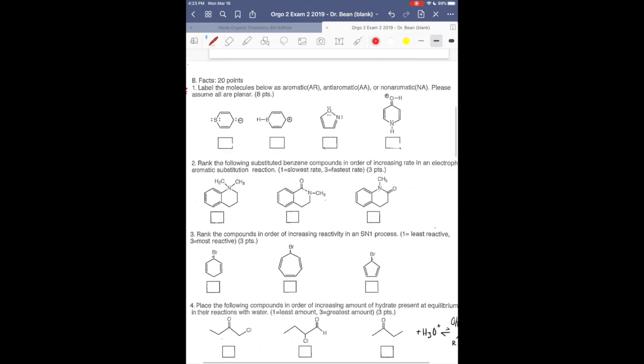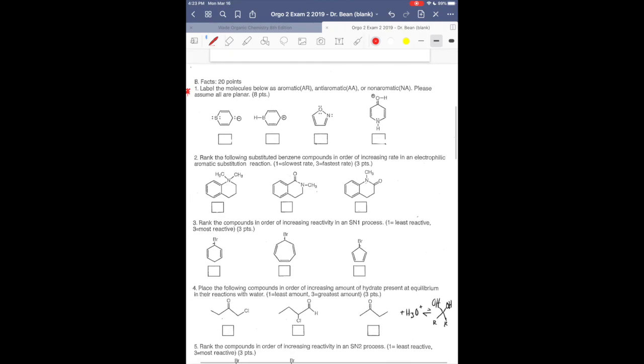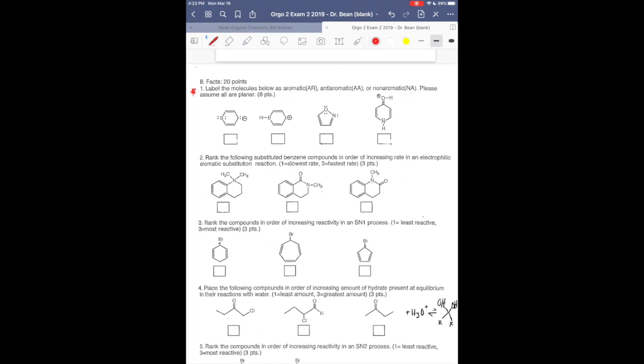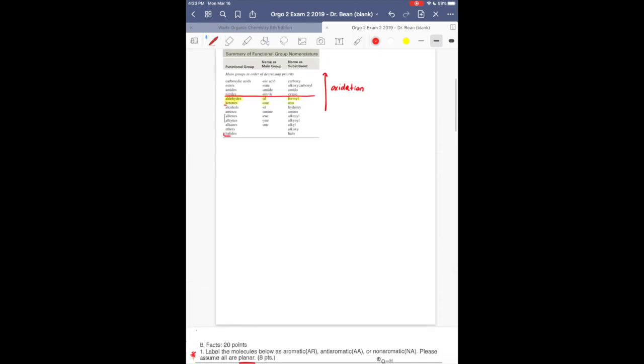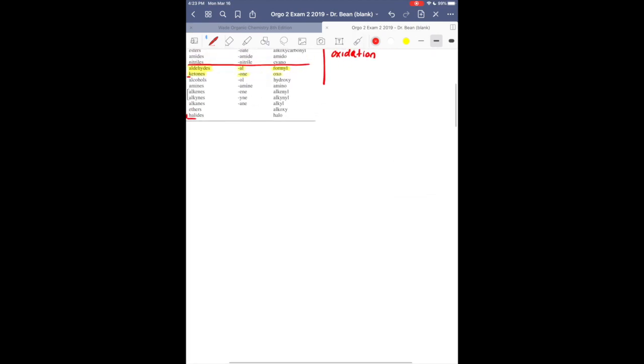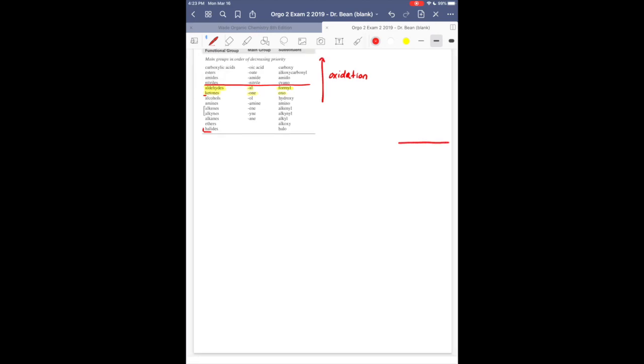All right. So let's read what it says. It says, label the molecules below as aromatic, anti-aromatic, or non-aromatic, and please assume that all of these are planar. Okay, so they're telling us that these are planar, and that will make a difference later on when we're trying to make decisions. Let's go back up here and write some notes. So it gave us 3 different classifications for molecules.